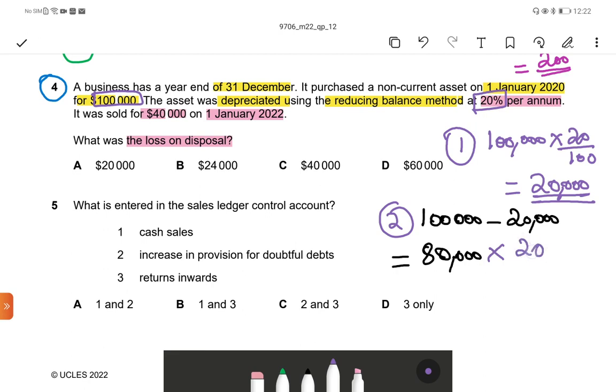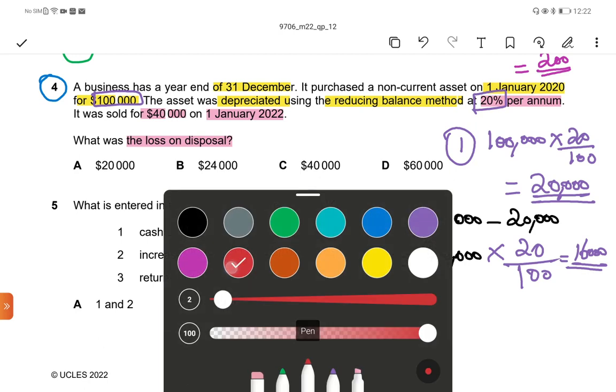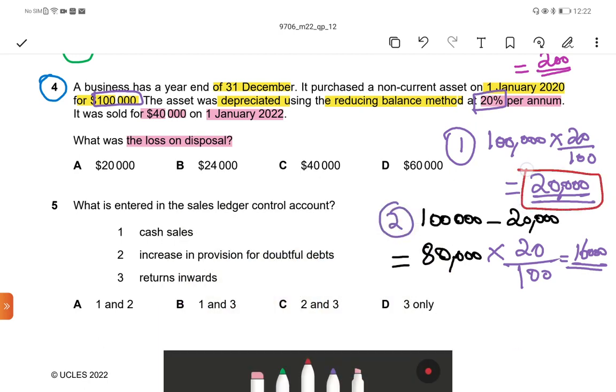So we have to calculate the depreciation on 80,000. 80,000 into 20% will be 16,000. So total depreciation is 20,000 plus 16,000, that will come to 36,000.